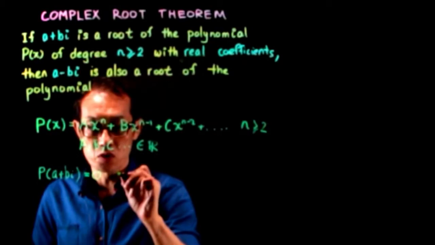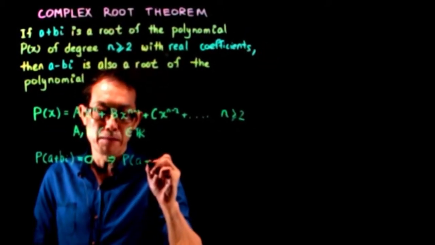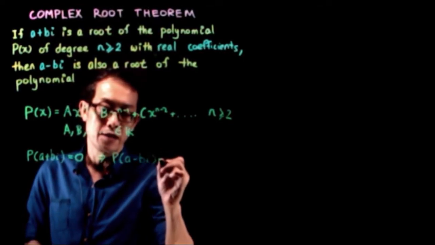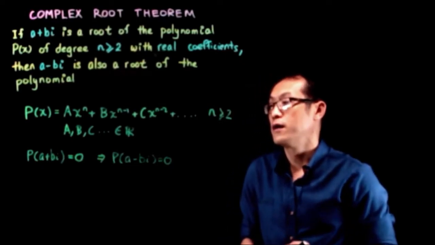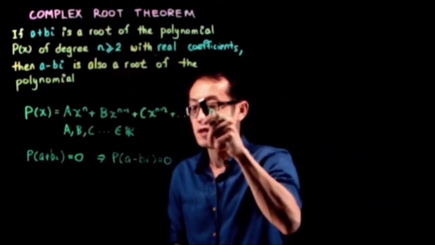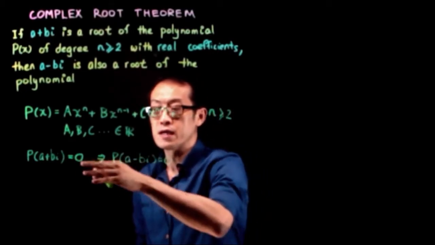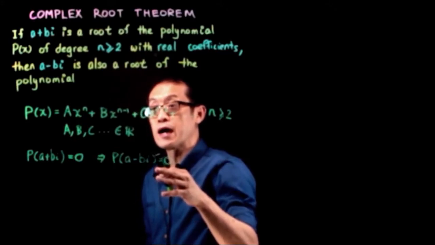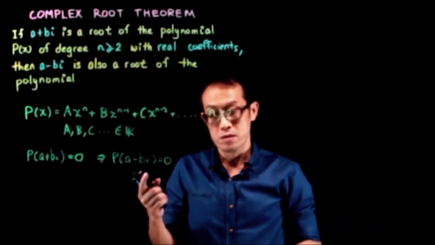It implies also p of a minus bi equals 0. Now it states that if it satisfies all this, then if you replace x with a minus bi, this expression will be equal to 0 as well.